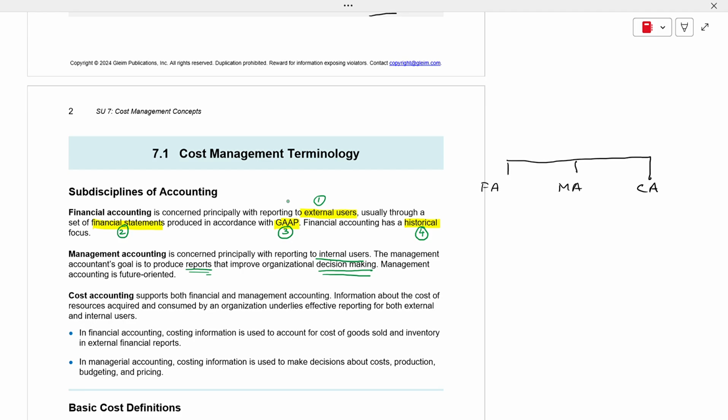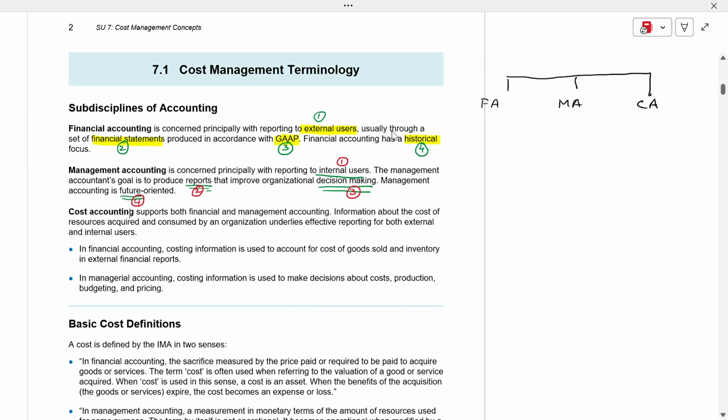Management accounting does not think about the past; it thinks about the future. Again, it is for internal users, who generate reports helpful in decision making, and most importantly it is with respect to the future.